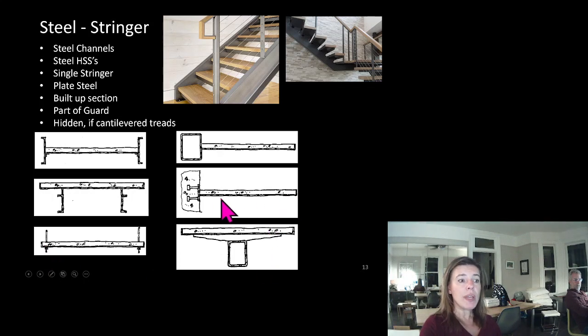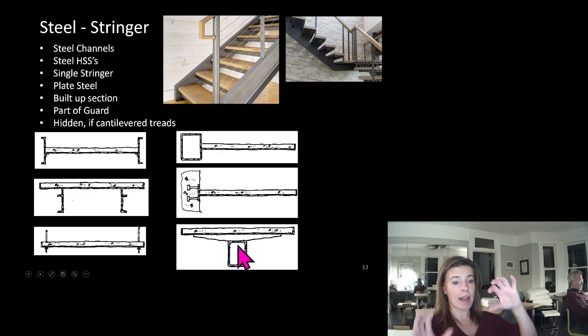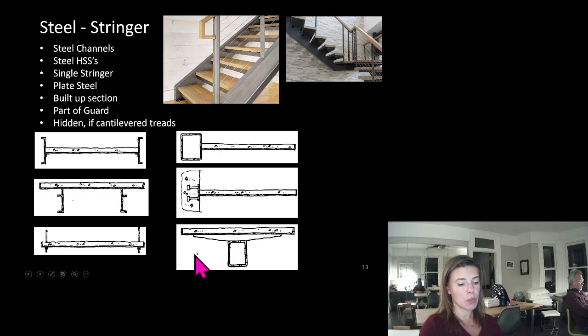We can do individual treads cast into concrete, whether it's wood or whether it's concrete or fastened to wood somehow. And here's another one where we have a single stringer where it's at the center of the stair, but we still have our torsion issue that we have to worry about.